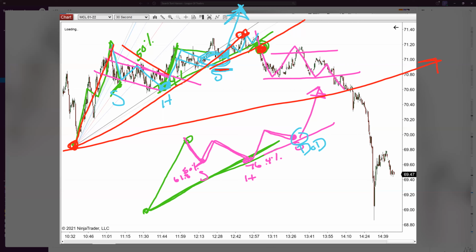So that could create a larger two-wave correction and give me another do or die point where the market would have to take off and get going at that specific point. So if it breaks that point again, it also confirms that, hey, I can go ahead and short this.